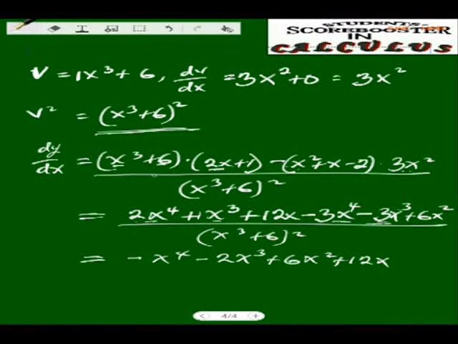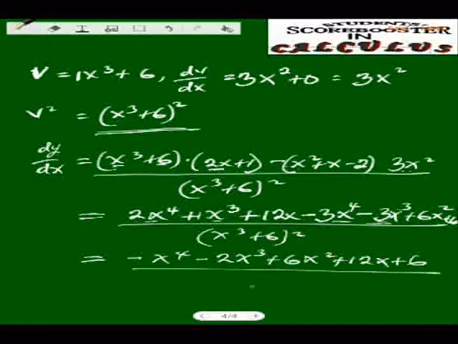Okay, I think I'm missing out something here. Okay, 6 times 1, so I'm missing out plus 6 here, that's a mistake, please take note of that. So plus 6, so over s squared plus 6s squared.